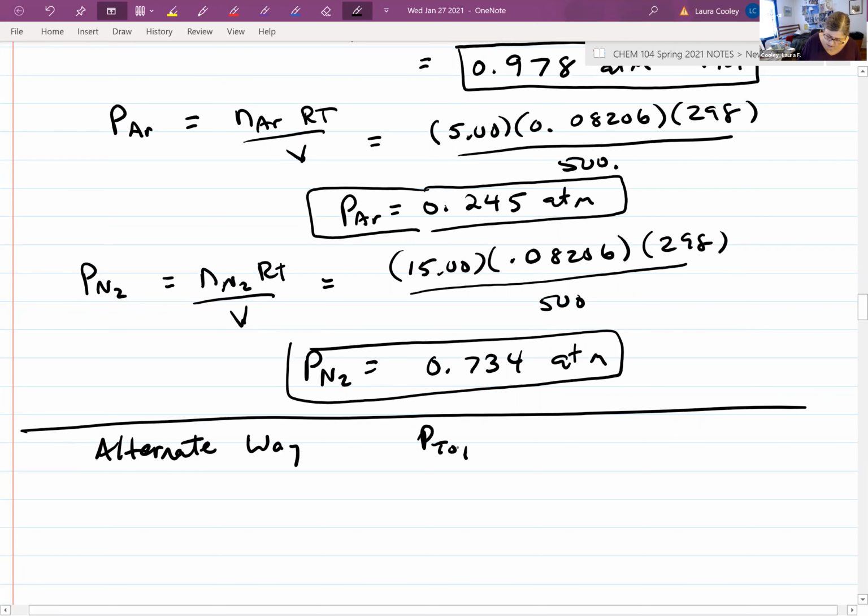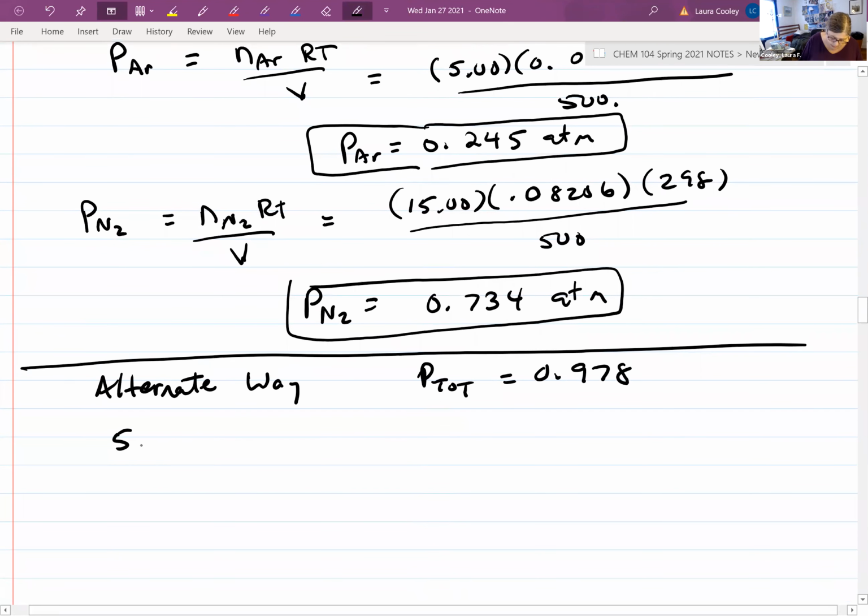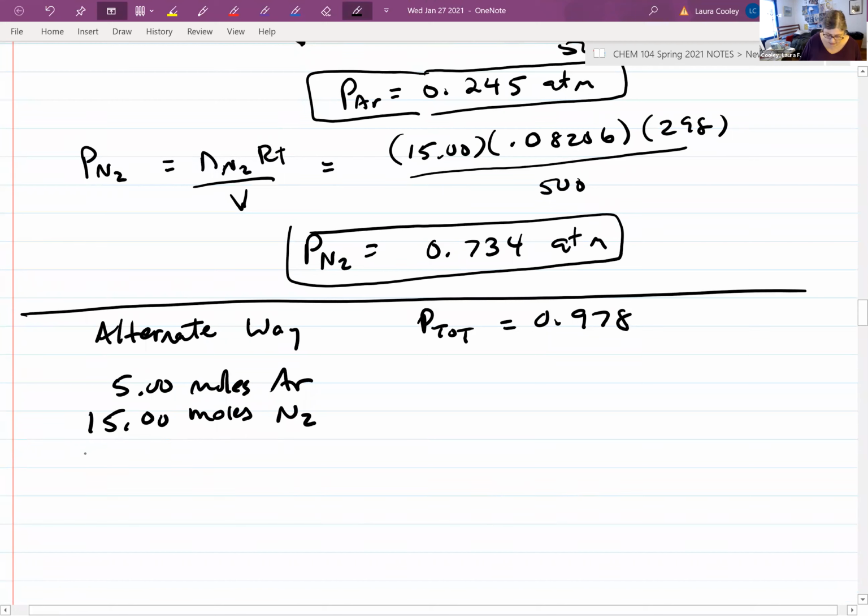P total is 0.978. And we know that we have 5 moles of argon and 15 moles of N2. If you add that up, that's 20. We knew that.